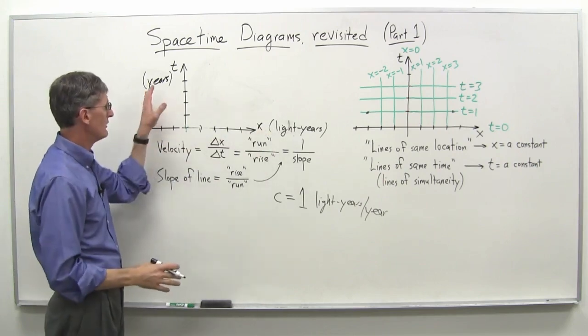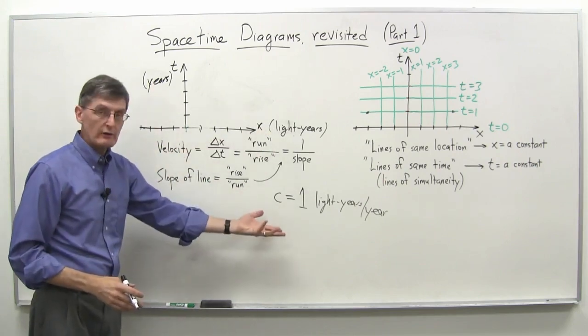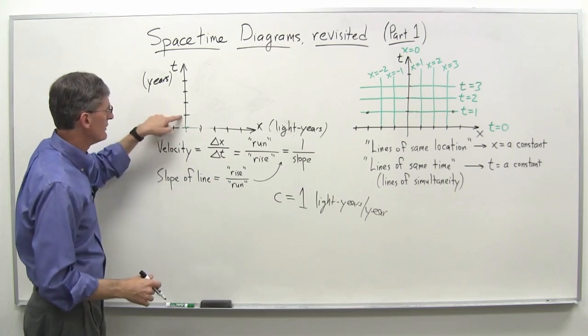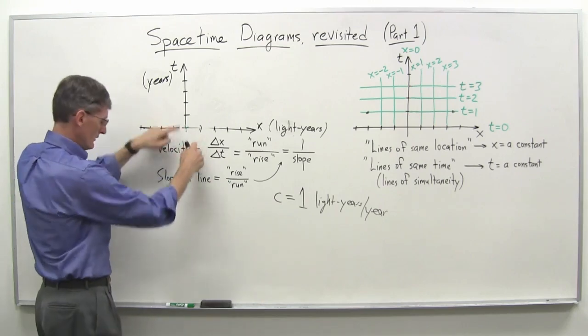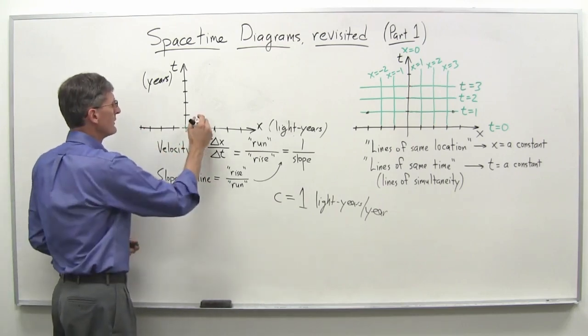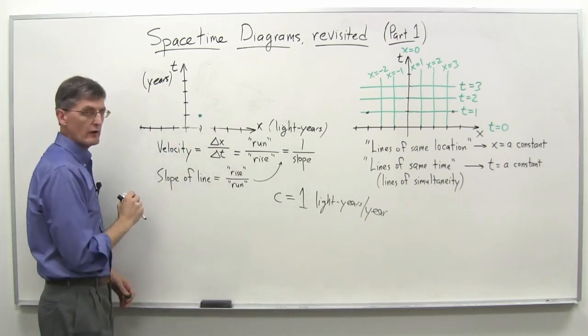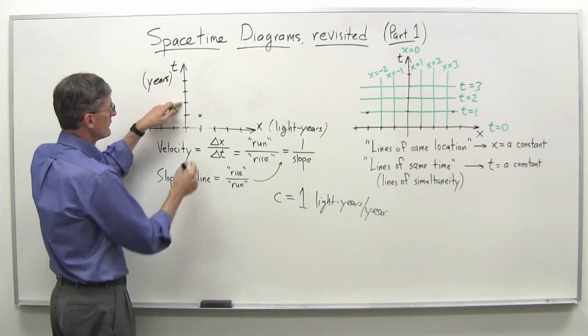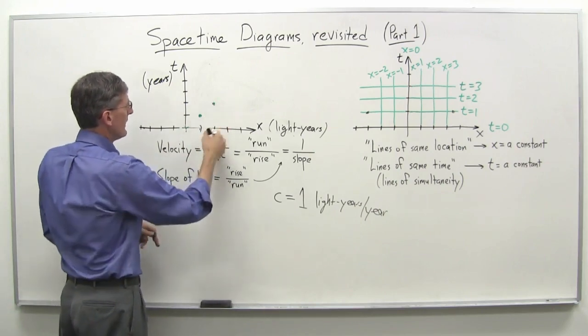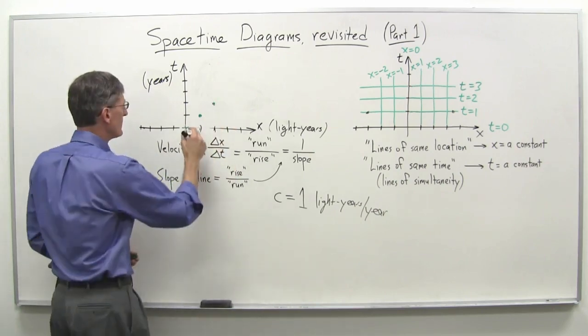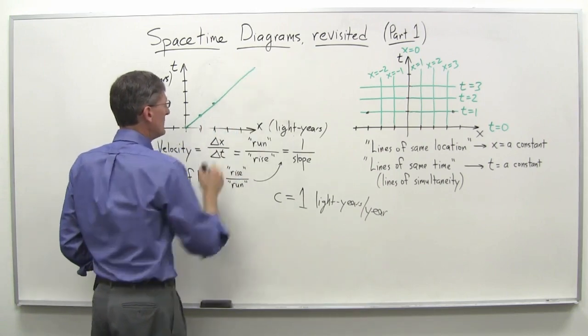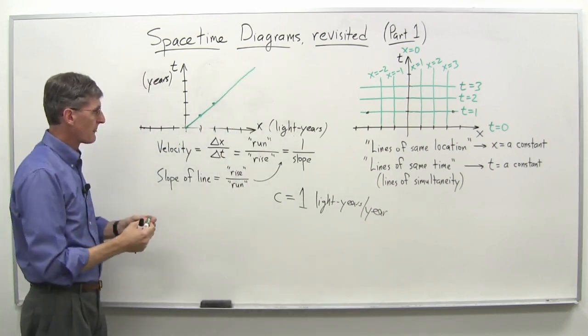So light years and years, c is 1 light year per year. So that means in 1 year, it goes 1 light year. So if we're putting the speed of light, our laser beam shooting off here, in 1 year, it's gone 1 light year. In 2 years here, it's gone 2 light years. And so on and so forth, 3 years, 3 light years. And so we get a nice line at 45 degrees.